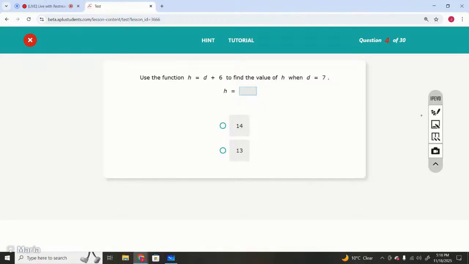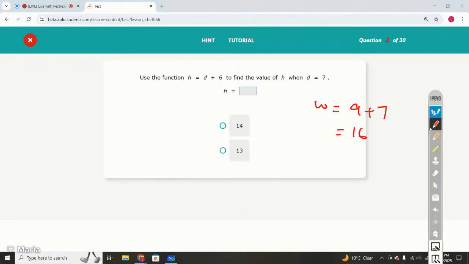Use the function h equals d plus 6 to find the value of h when d equals 7. Replace the variable d with the value that is 7 plus 6.